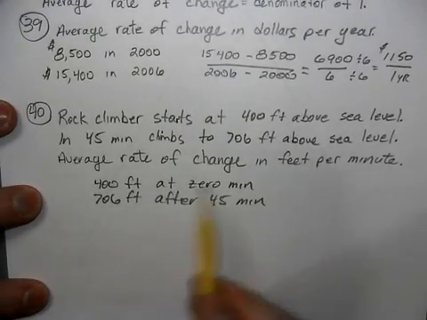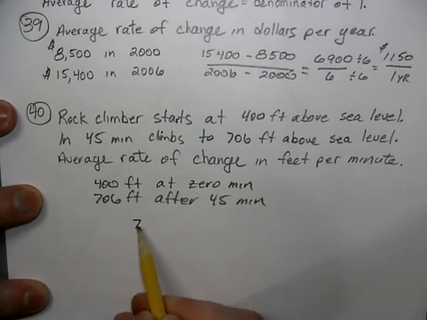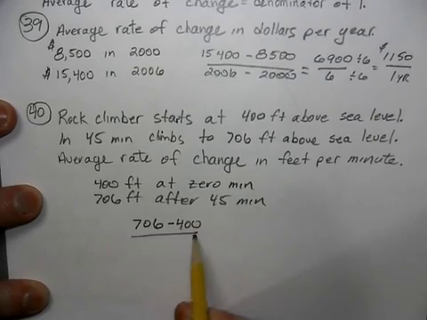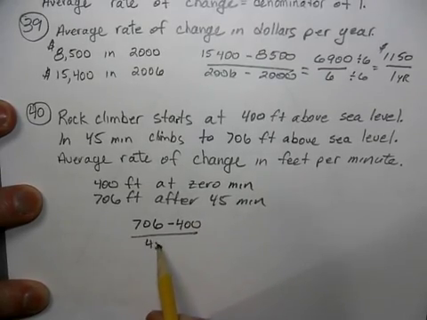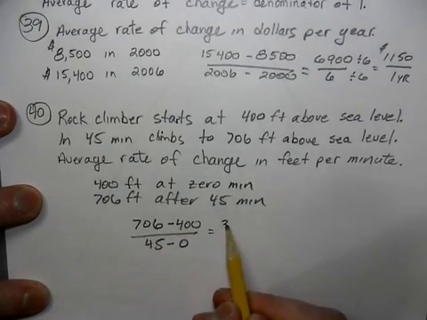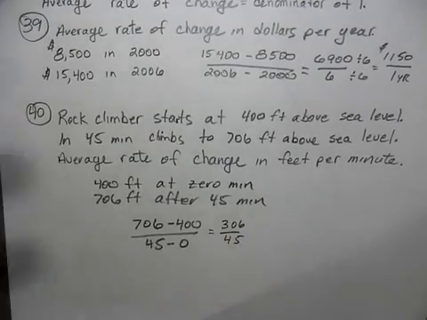So our feet per minute is how this is going to work. We'll take 706 minus 400 over 45 minutes minus 0. So that's going to give us 306 over 45.